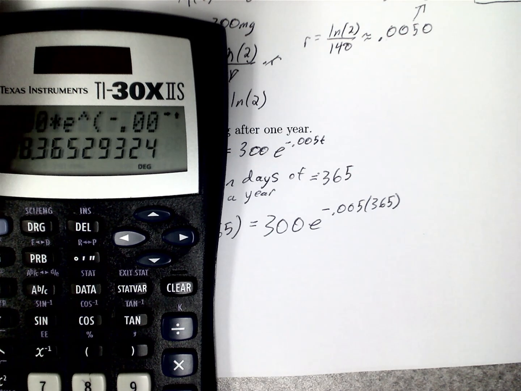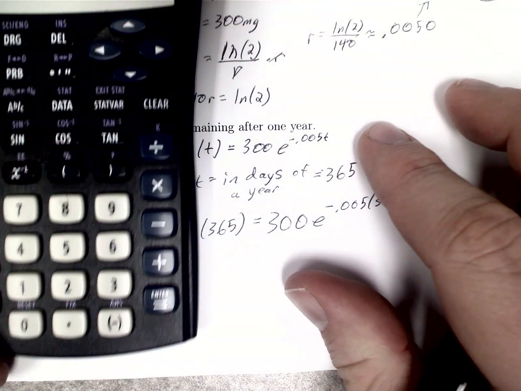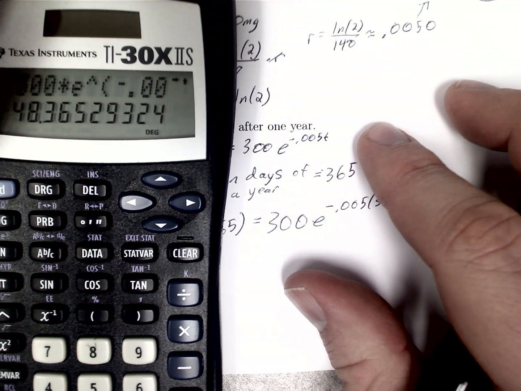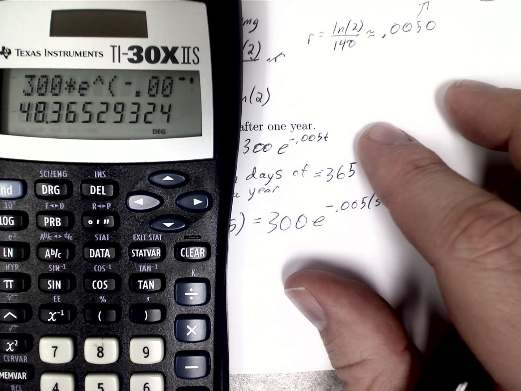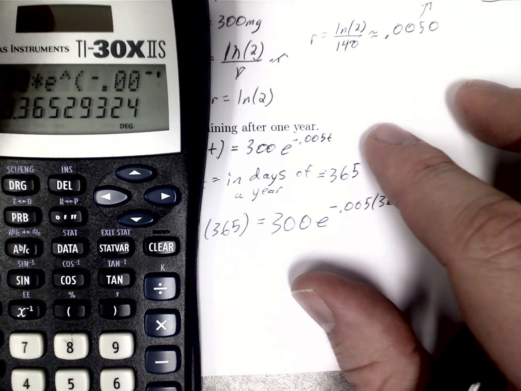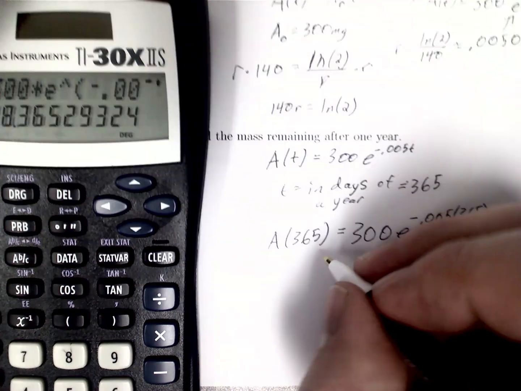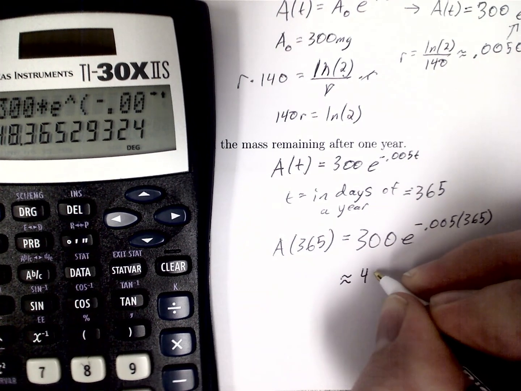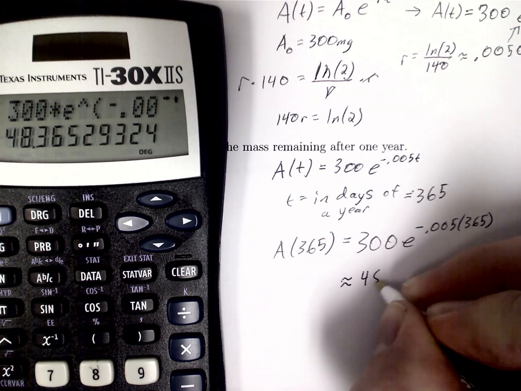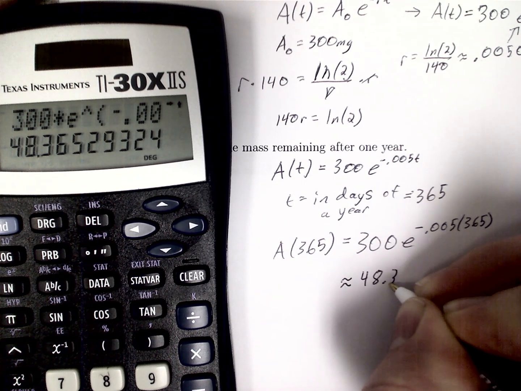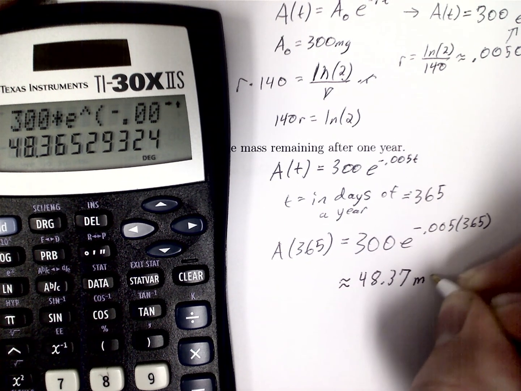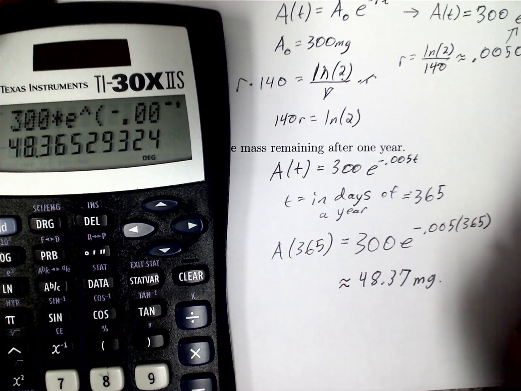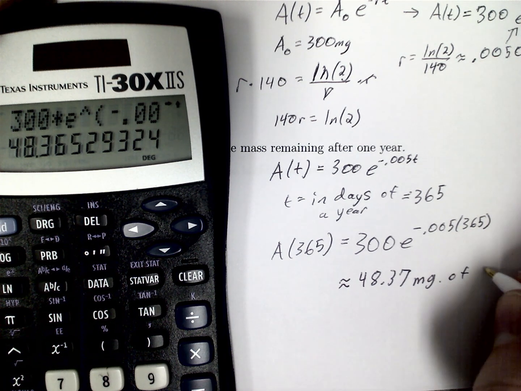We just hit enter, and then we get this answer, 48.365, which rounds up to 48.37. So it's about 48.37 milligrams of polonium-210.